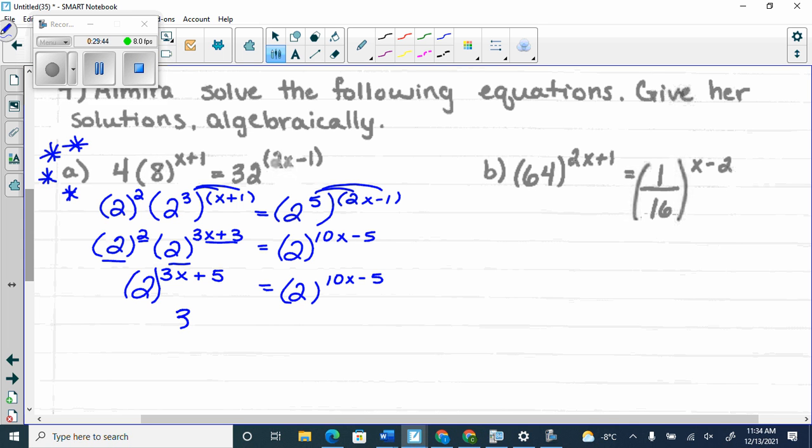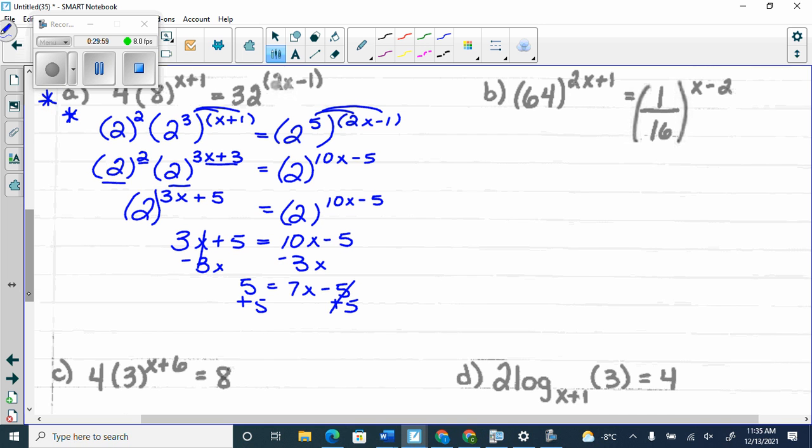And so I'm going to get 3x plus 5 equals 10x minus 5. Subtract 3x. 5 equals 7x minus 5. Add the 5. And all of these solving ones, we can y1, y2 and check, so when we have the test, we should know if we got them right or not.